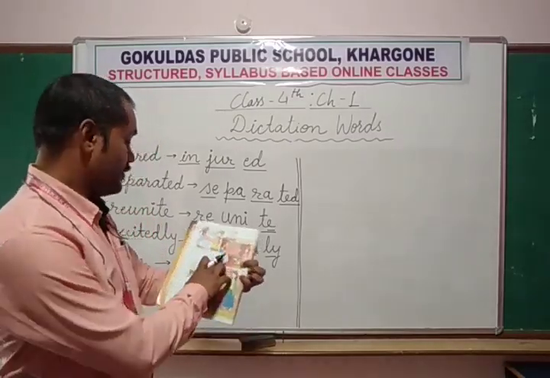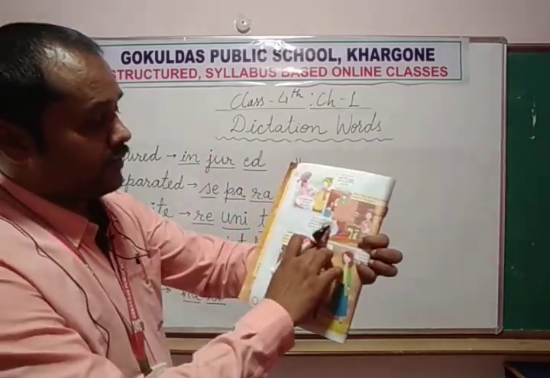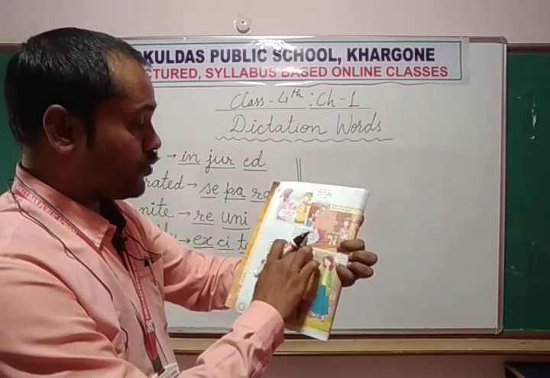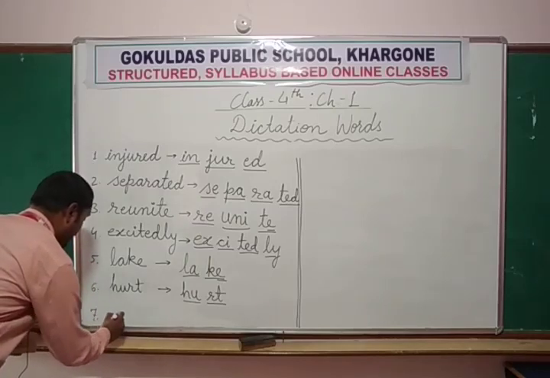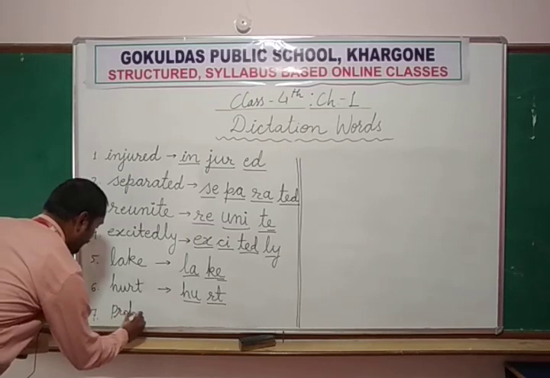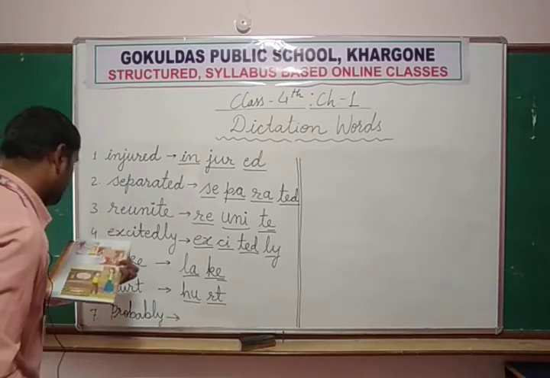Okay. Next, in this dialogue box, you can see the snow goose probably. The word is probably, maybe. Okay. Probably. Probably.